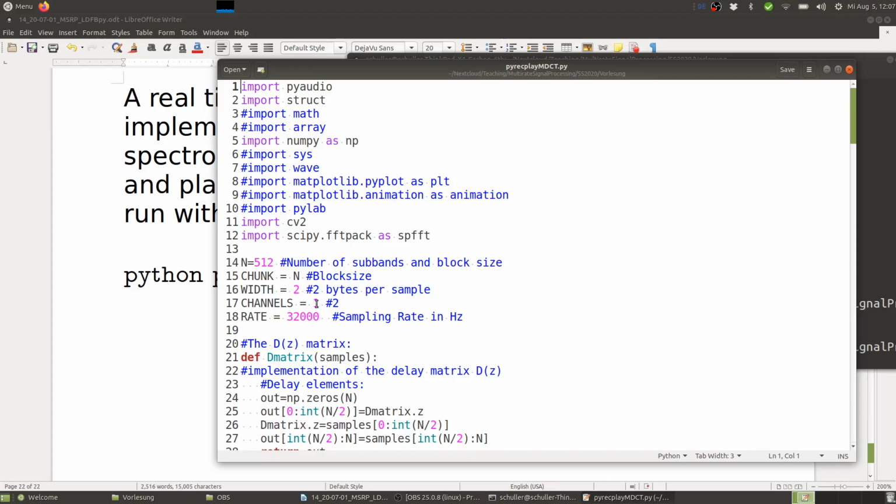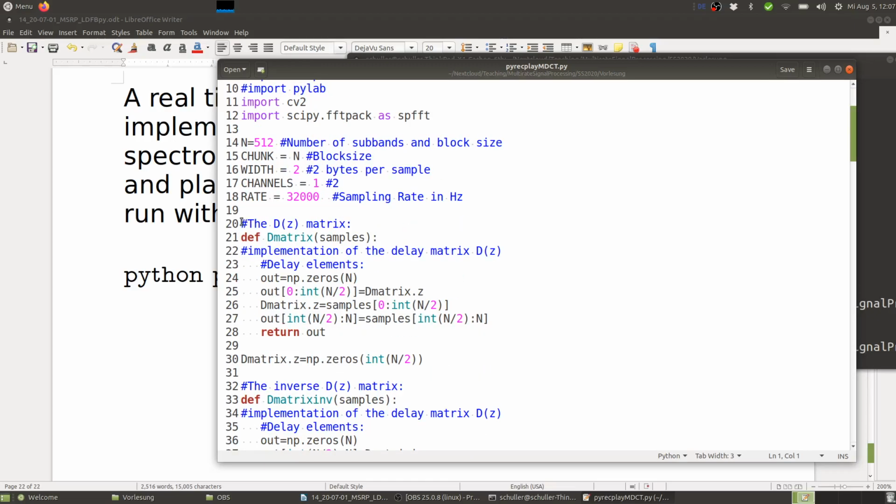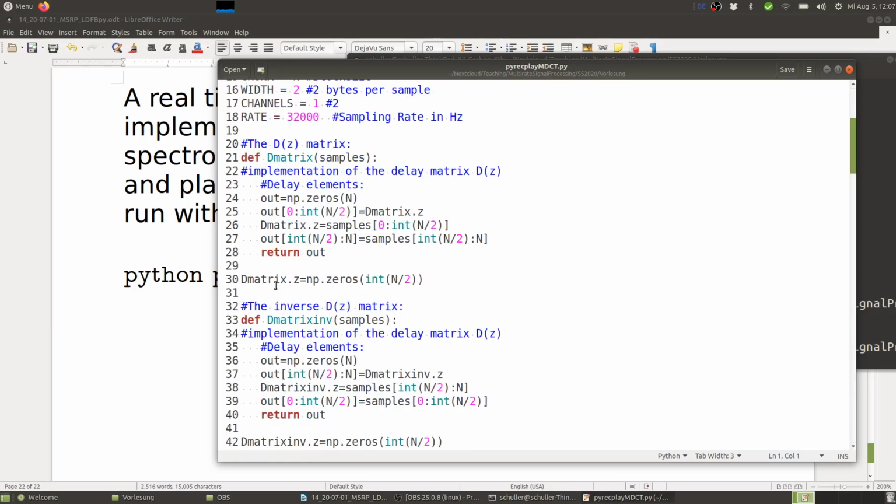We have mono, 1 channel, and a 32 kilohertz sampling rate. So this is now the function for the D matrix, which is exactly what I just showed you. Here we have the memory element, which is a global memory element which keeps its content between calls of this function.